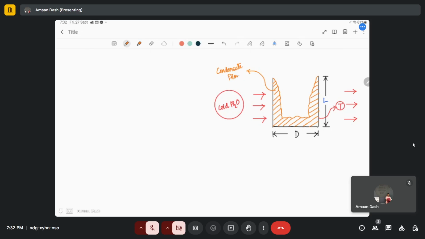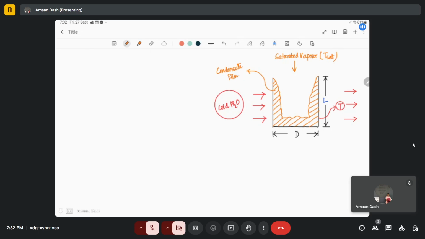And this film is coming from the top, as I mentioned. It's coming from here, saturated vapor. And set temperature T sat, we can say.